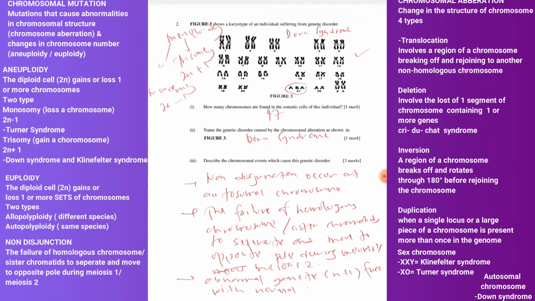It will fertilize with a normal gamete, and that's why it produces Down syndrome.